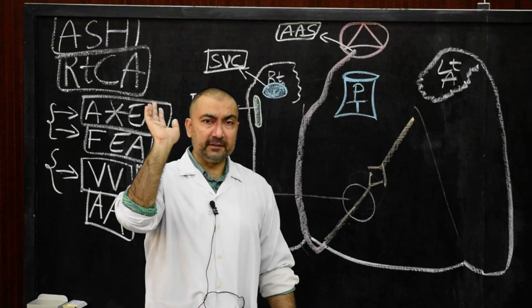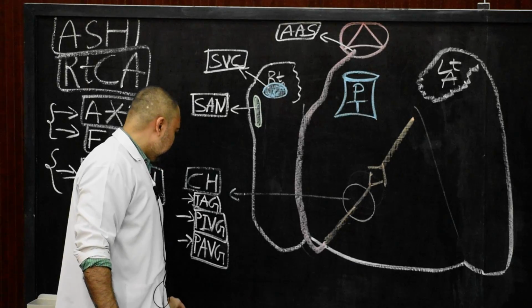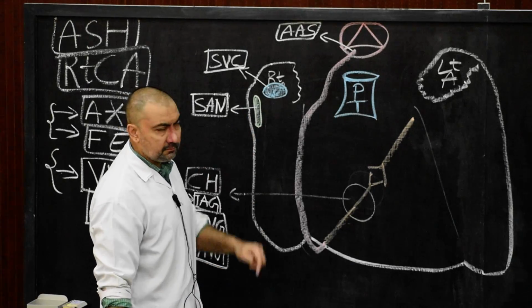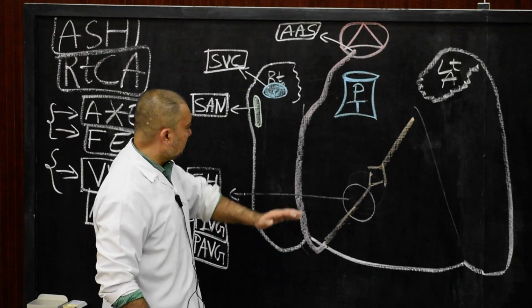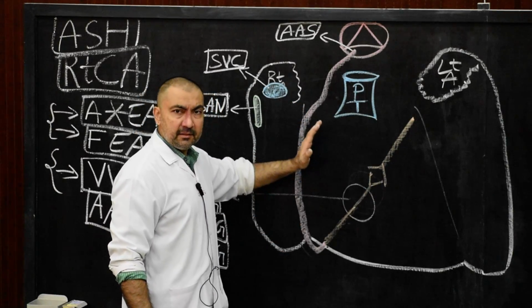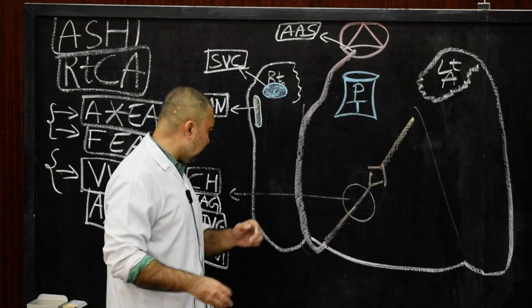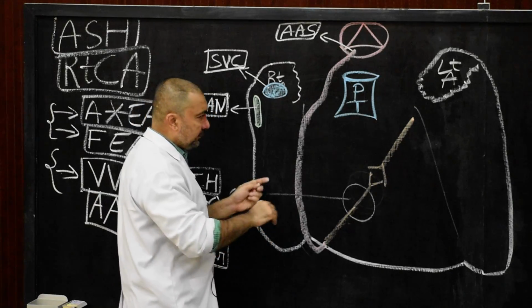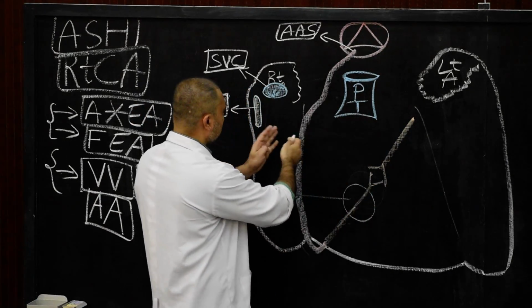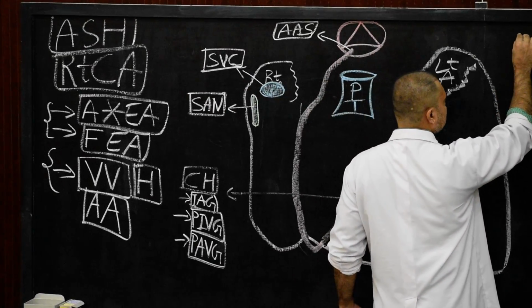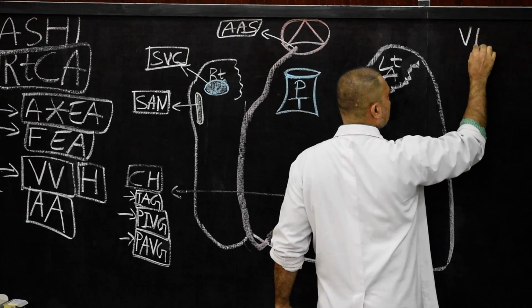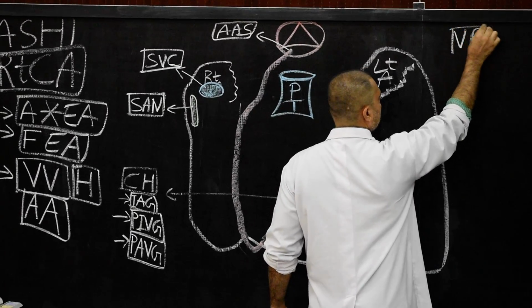Now the branches of the first segment, please note down. The branches of the first segment we divide into ventricular rami and atrial rami. I'll keep on writing on one side and draw on one side. For example, I write here, from the first segment, ventricular rami.